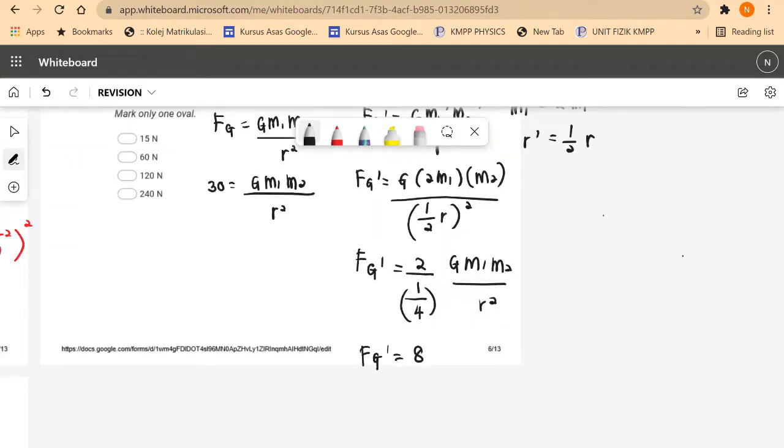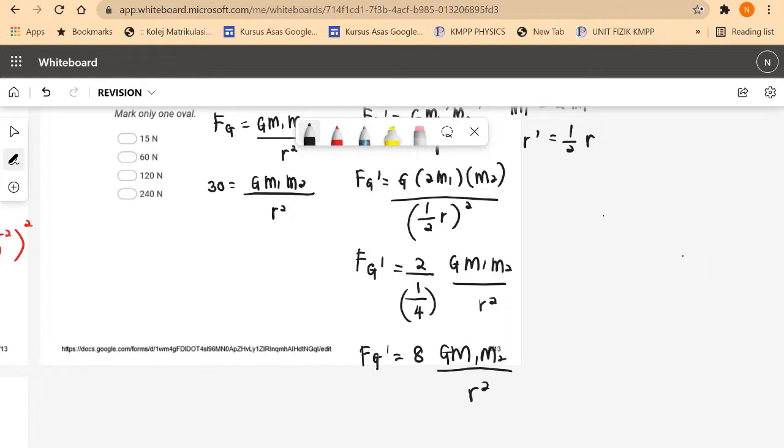So for this one we get 8 G M1 M2 over R squared, where G M1 M2 over R squared is 30.